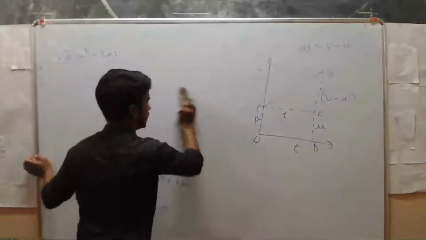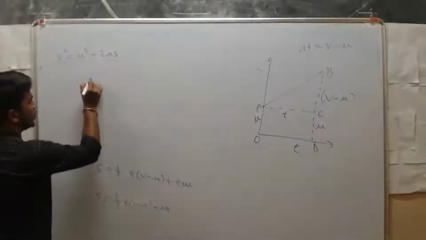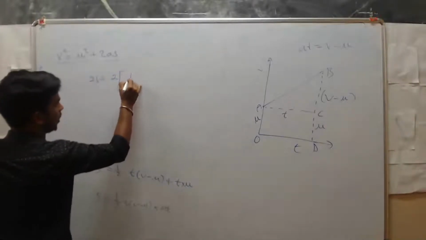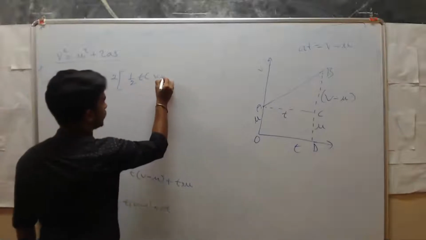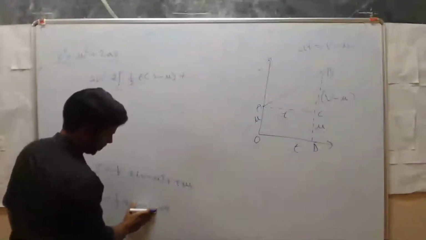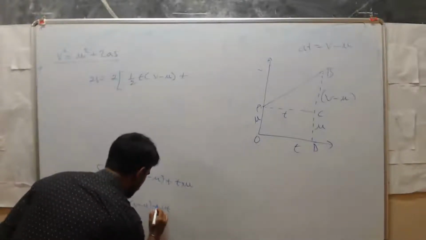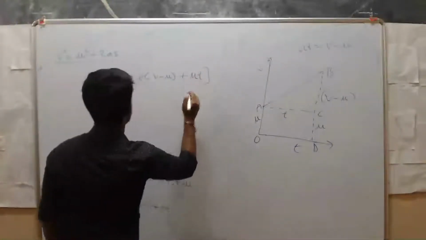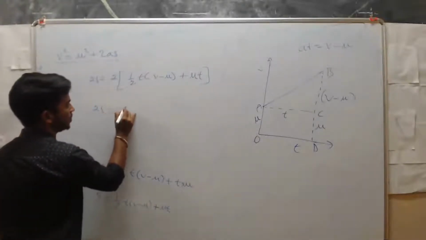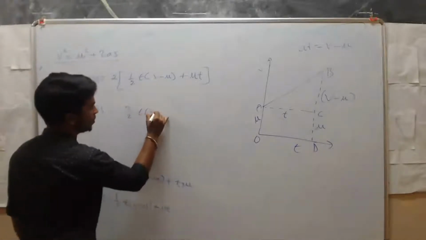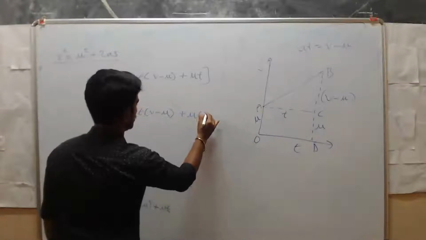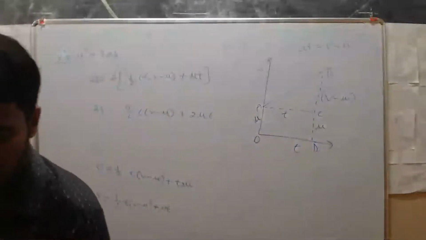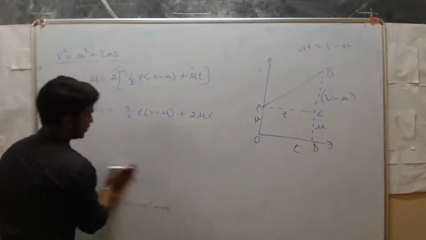So 2s equals 2 into half into t into v minus u, plus 2ut, because we have to multiply both terms. Then the 2 gets cancelled, right?